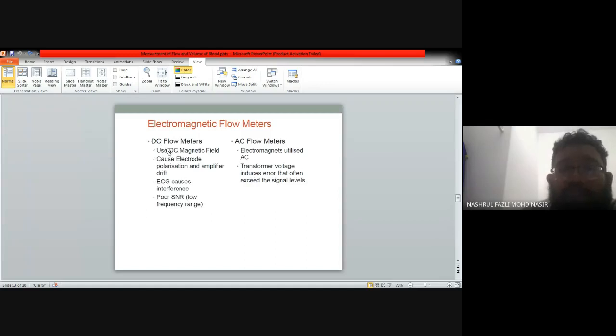One is the direct current DC flow meter, another one is the AC flow meter. The disadvantage of using DC flow meters is that if you have an ECG, it can cause interference and a poor signal to noise ratio. So this may affect your reading.